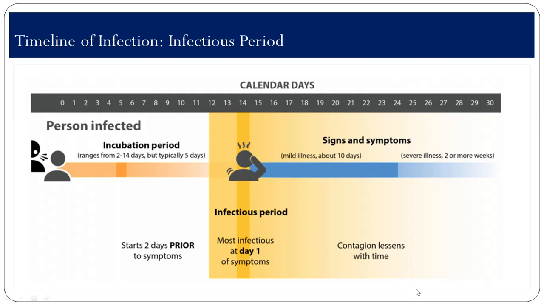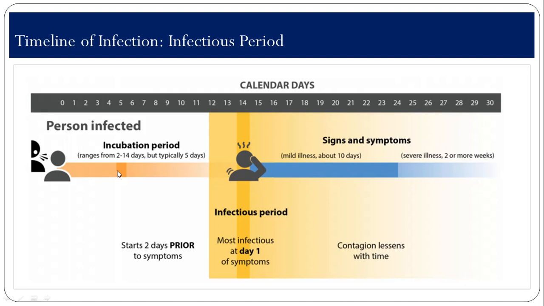Now, just talking about this slide, let us also recall the timeline of infection and infectiousness. Here we can see that someone has been infected. You can see in the orange line their incubation period, and that is the time between when they become infected and when they develop signs and symptoms.